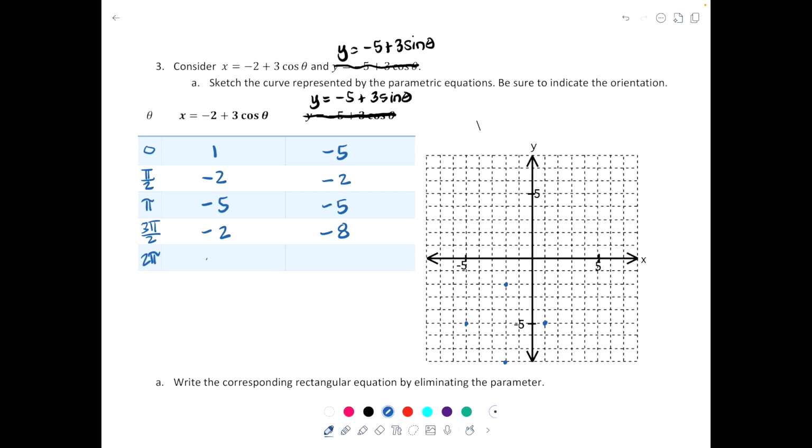Yes, because the cosine function is 1, -2 plus 3 is 1, and the second equation gives -5. So we're back to the start. We know our orientation, and this seems like it's going to be a circle, right?